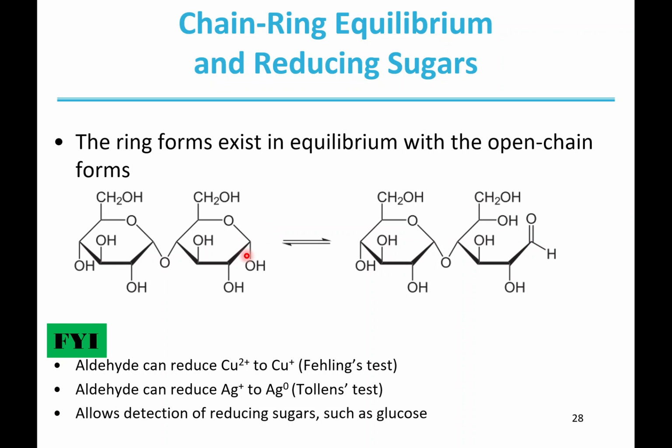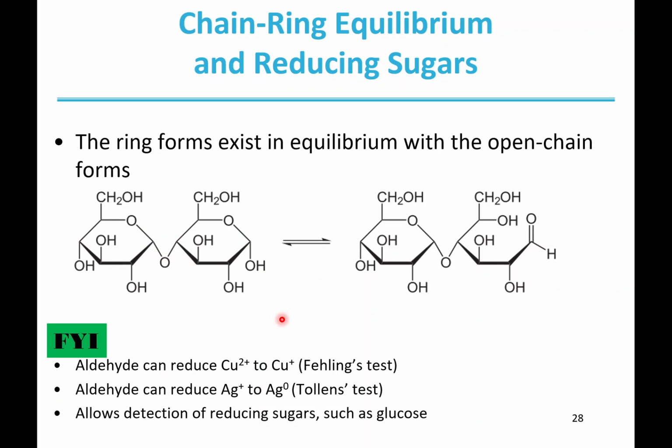When this closes again, you'll get some sort of a mixture between the alpha and beta anomers. So this OH group can change positions up and down. Why do they call this a reducing sugar? This would be called a reducing sugar because it has a hemiacetal, and this is a non-reducing sugar.